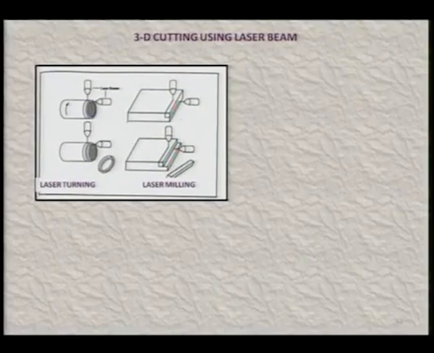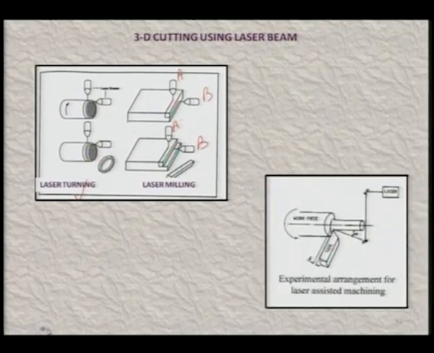Some of the 3D cutting I have already shown to you. There are some other applications of 3D cutting in turning operations, as you can clearly see on the left hand side. You can perform the turning operation using two laser beams and get reasonably good results, and in the same way you can perform the milling operation again using two beams, beam A and beam B, as shown over here in the figure.